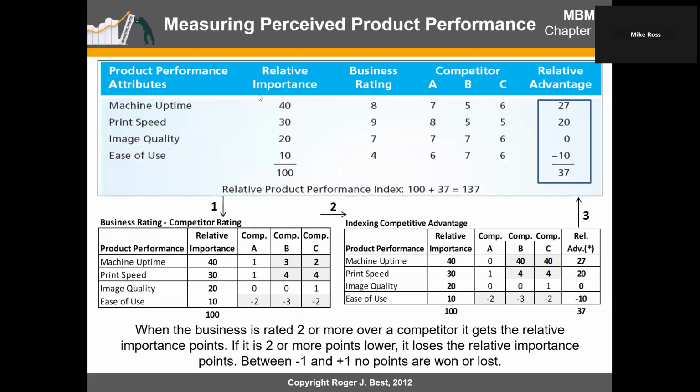Here we can get a little bit more of a breakdown. This is a little bit more granular detail around what the performance attributes are. I'm looking at relative performance. Each one of these adds up to 100, and I'm indexing these performance values versus competitive products.